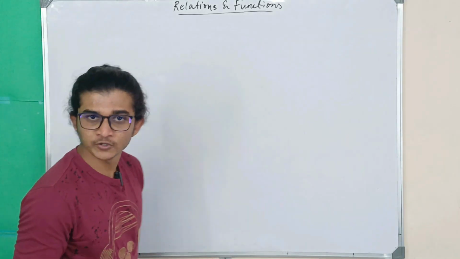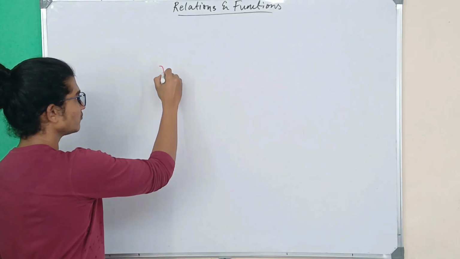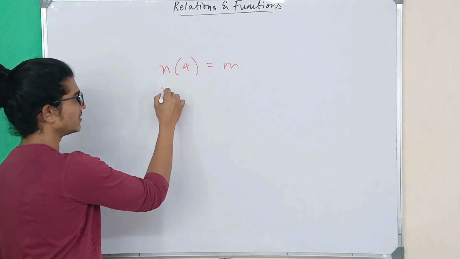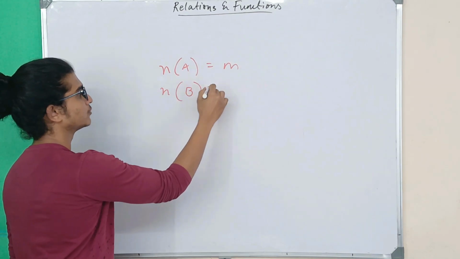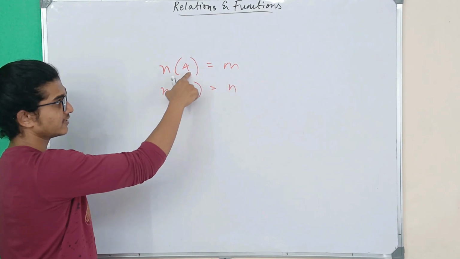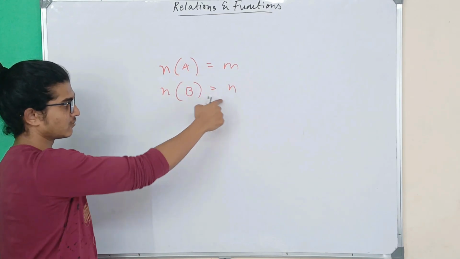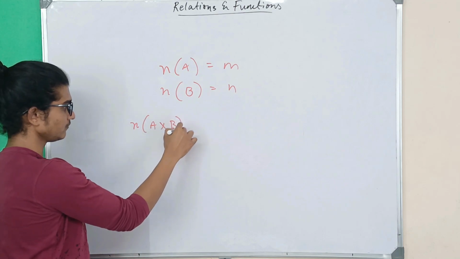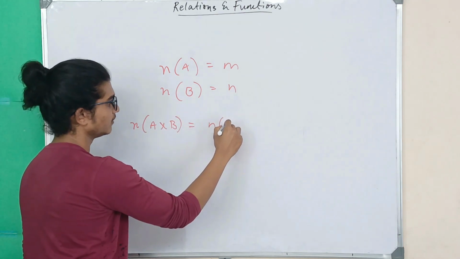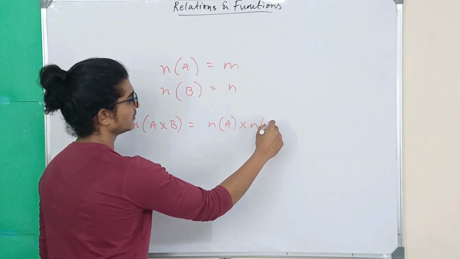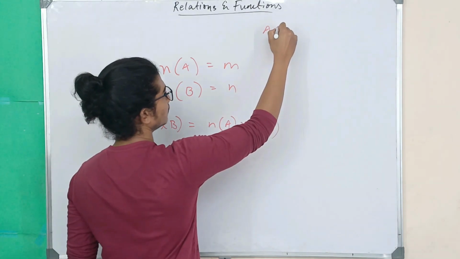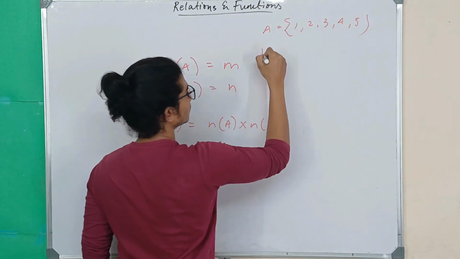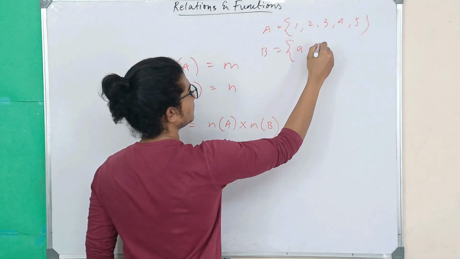One more thing you need to notice: suppose the number of elements in set A is equal to m and the number of elements in set B equals n. The number of elements in A cross B is going to be the number of elements in A into the number of elements in B. Say for example, A equals 1, 2, 3, 4, 5 and B equals a, b, c.